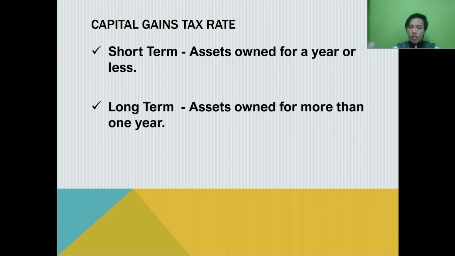For a long term asset owned for more than 1 year, for example, profit from the sale of most long term assets is taxed at a reduced rate compared to our regular income tax.